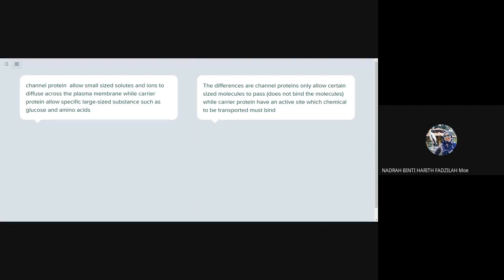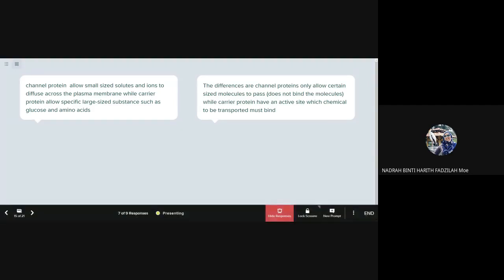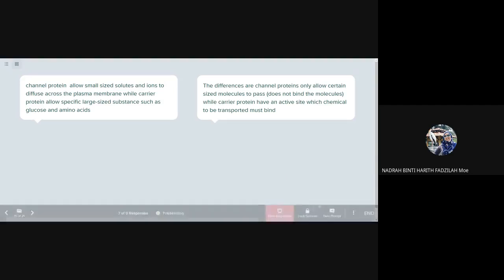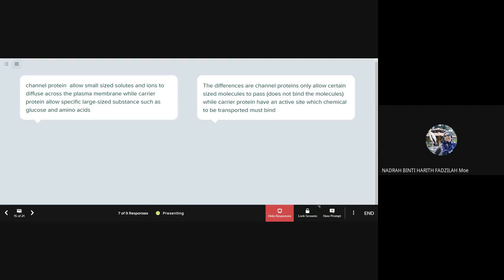Mekanisme macam mana bahan atau substances tersebut diangkut. Okay, saya ulang. Difference yang pertama adalah difference dari segi jenis bahan, small size solutes versus large size substances atau large size solute such as glucose and amino acid.